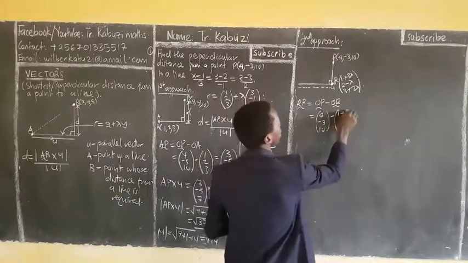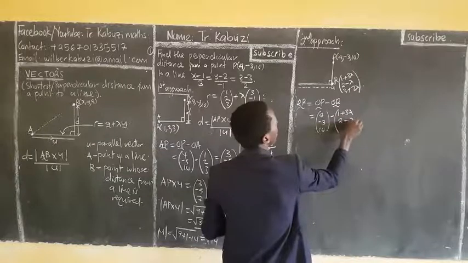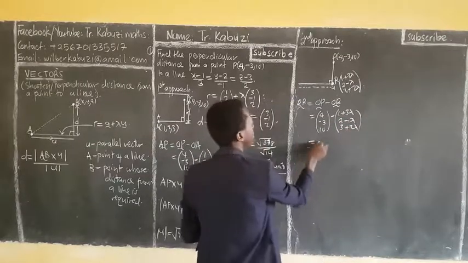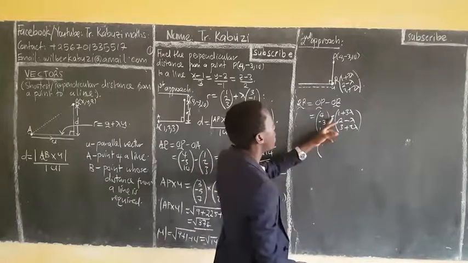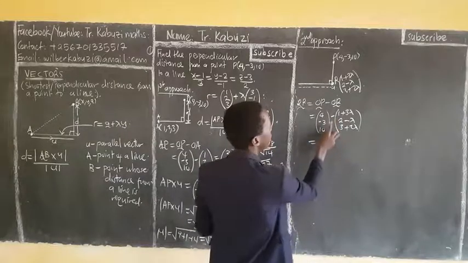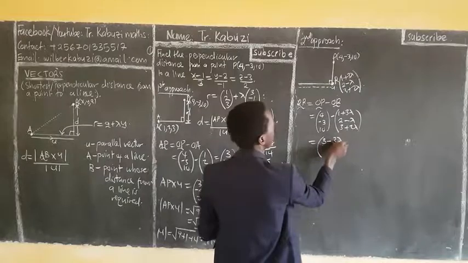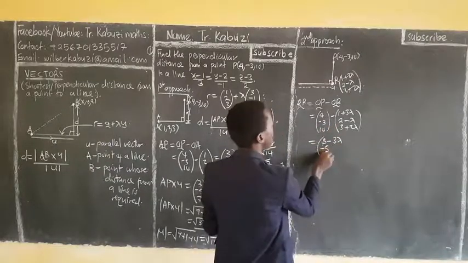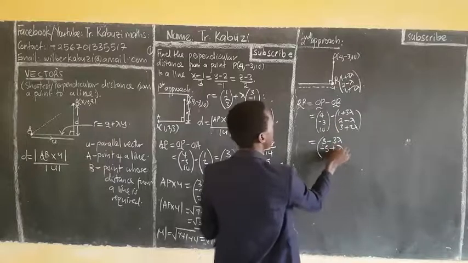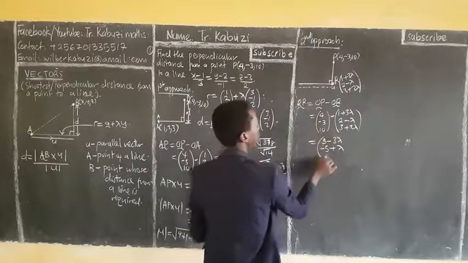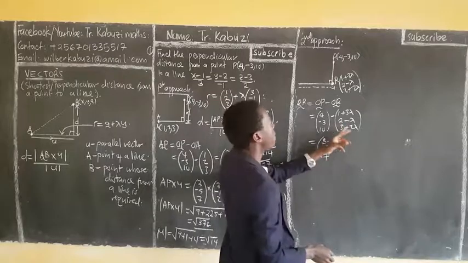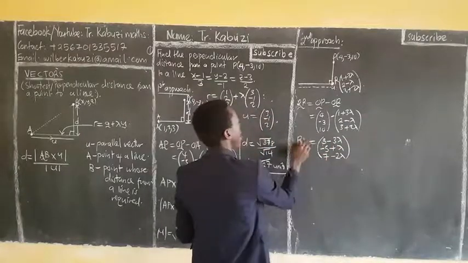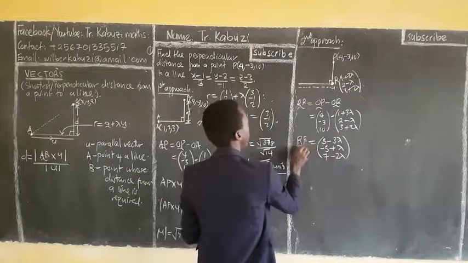So 1... So that's what we get. This will be 4 minus 1, which will be 3 minus 3 lambda. Then we have negative 3 minus 2, negative 5. This minus minus gives you 9 positive. Then 10 minus 3, you get 7. Then minus 2 lambda. So this is my vector RP.